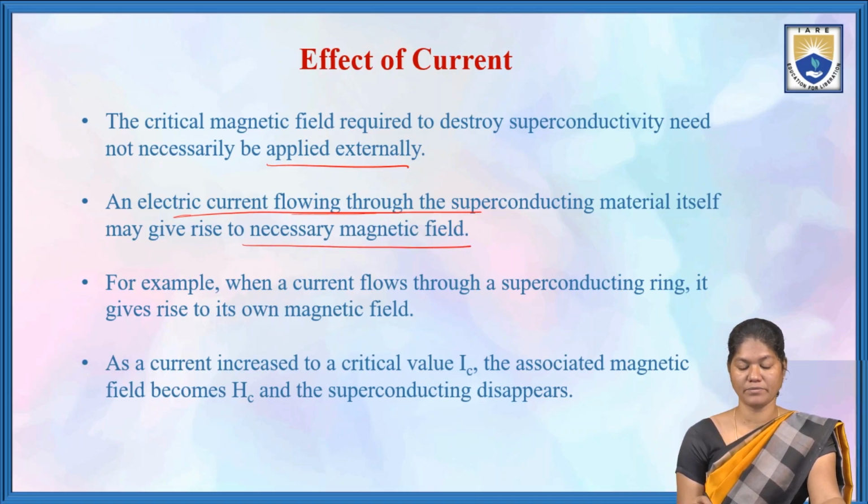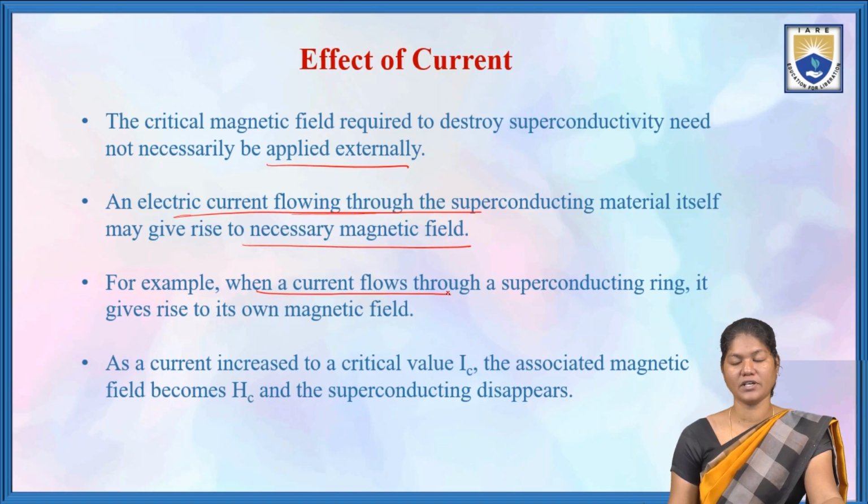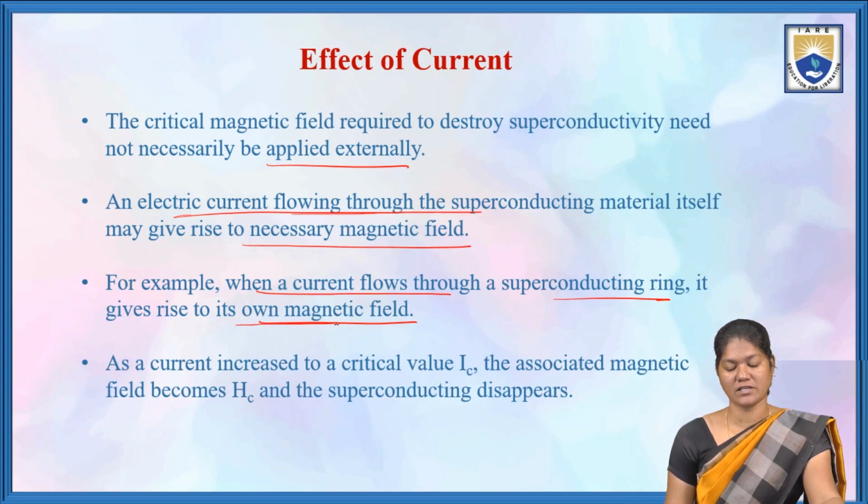For example, when a current flows through a superconducting ring, it gives rise to its own magnetic field.